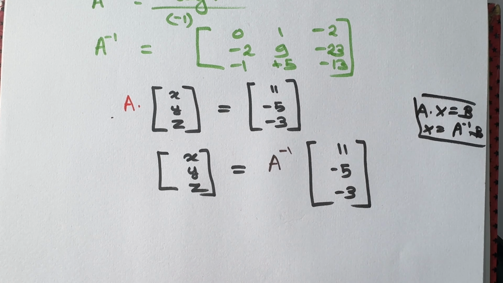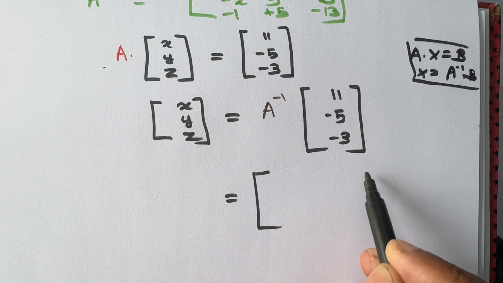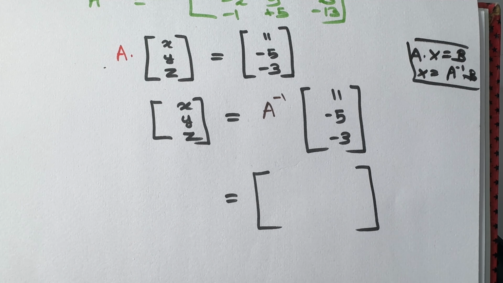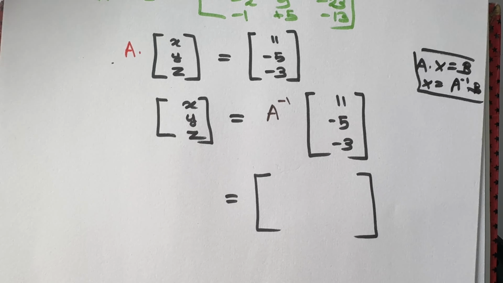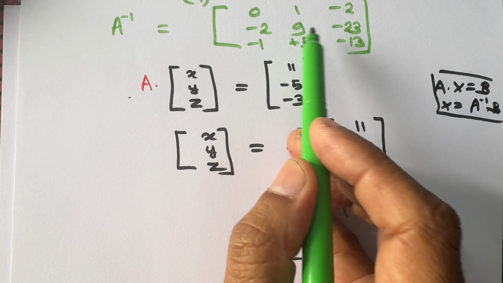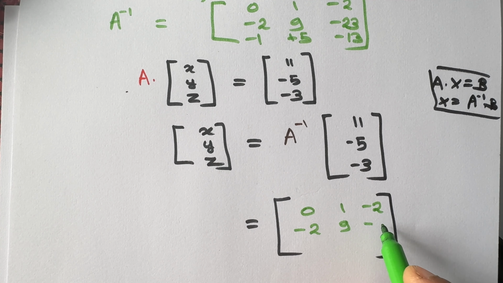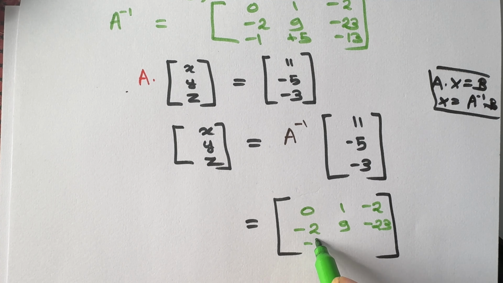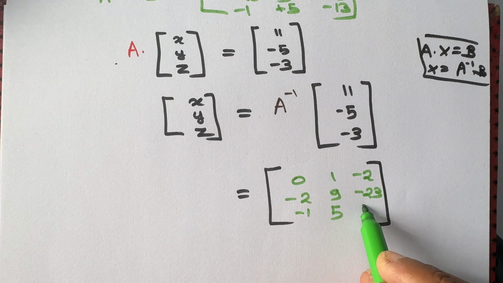Is there anything great about it? No. So we just need to solve for x, y, z, and we can do it by simply multiplying A inverse with this column matrix. Do we know A inverse? The answer is yes. We did compute A inverse and it turns out to be 0, 1, minus 2, minus 2, 9, minus 23, minus 1, 5, 13.